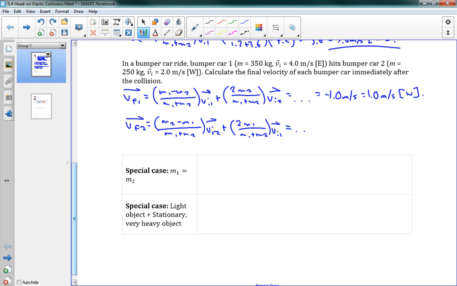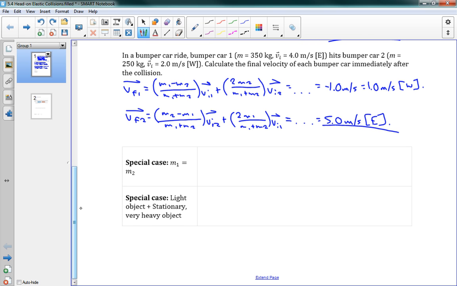Again, I'll do dot, dot, dot, and it gives us a final value of 5.0 meters per second east. There we go. So the formula, it's long, it takes a lot of writing, but it's not that complicated to use. Hopefully you see the gist of it. If you don't, make sure to ask in class.